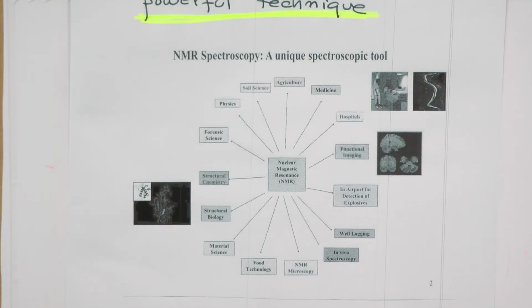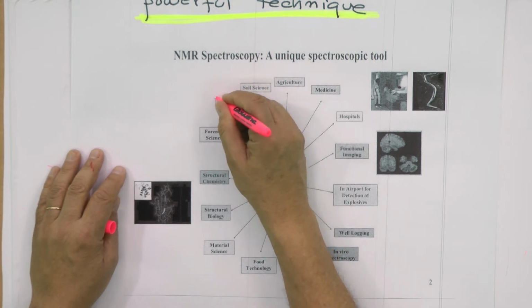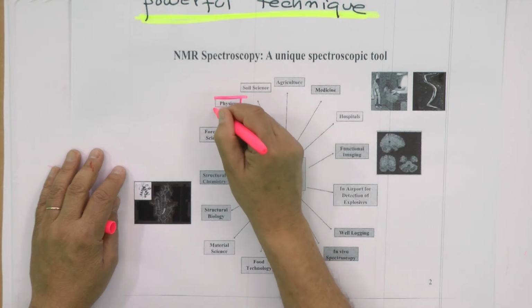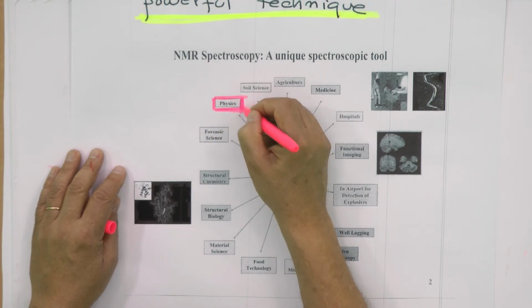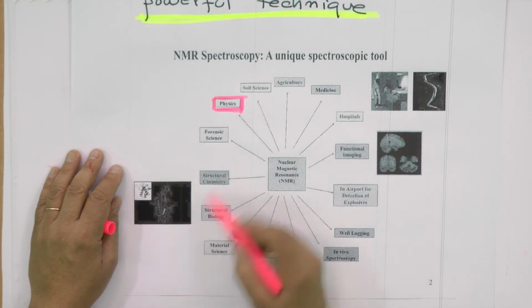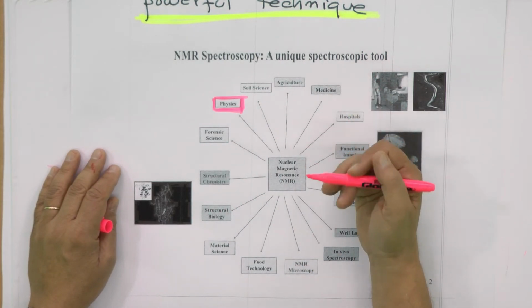And I just want to highlight a few. Physics, of course, is very important. It is one of the techniques that helps us to understand a lot about physics and even improve quantum mechanics itself. But there are many other applications. Soil science. You can verify constituents in the soil.